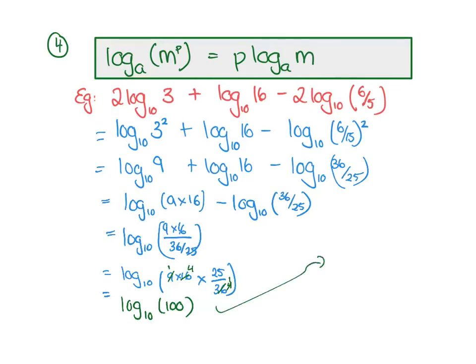And then, sorry, running out of room. Now we want to know what log 10 of 100 equals, so we'll let it be x to find it, and using that first rule I can say 10 to the power of x equals 100, but I know that 100 is 10 squared, so therefore x equals 2.